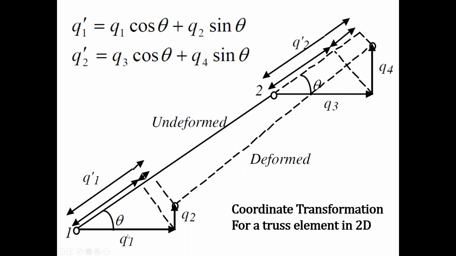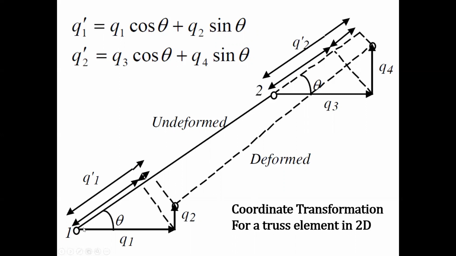Okay, so these q1, q2, q3, q4 are the four nodal displacements of this element in the global coordinate system, sort of. And in the local coordinate system you are only concerned with two deformations: the deformation of node 1, which is q1 prime or dash, and the deformation of node 2, which is q2 prime or dash, call it whatever you like.